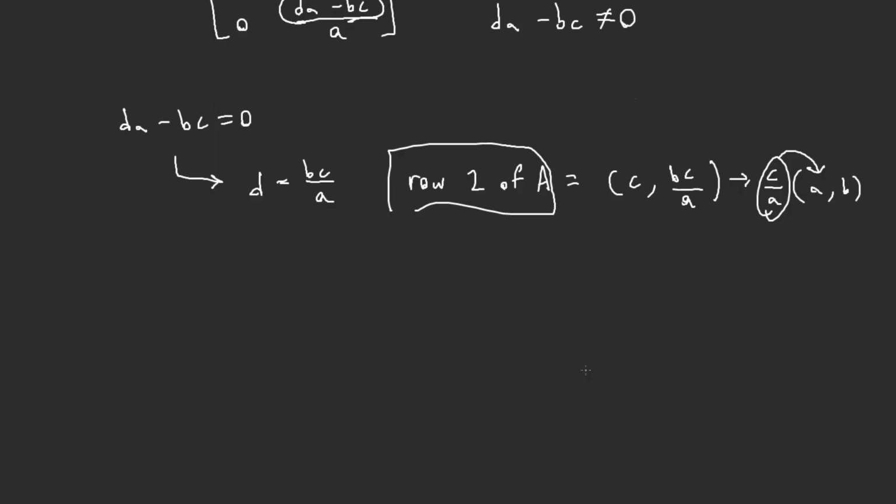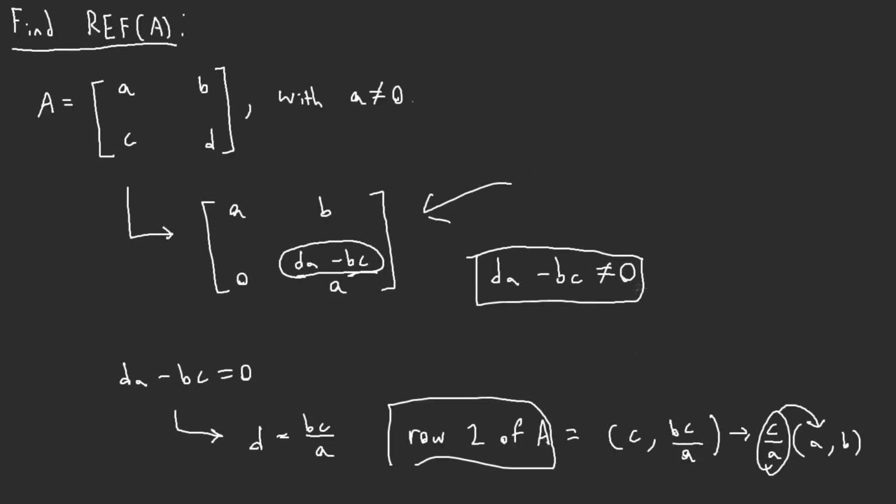But if this quantity here is not equal to 0, or if the row echelon form of that matrix has a full set of pivots, or equivalently, if the reduced row echelon form of that matrix is the identity matrix, which you can see if this quantity is not equal to 0, then I could take this whole bottom row and multiply by A over dA minus BC, which I can do because this quantity is not equal to 0.